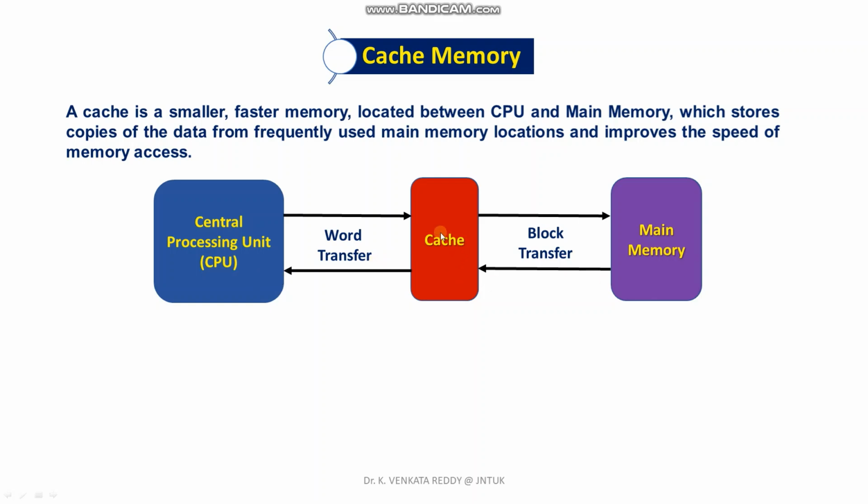The small sized cache memory acts as a personal assistant to the central processing unit and keeps track of the most frequently accessed locations. The cache memory transfers blocks of the most frequently accessed locations from the main memory to the cache memory and supplies this information to the central processing unit at higher speeds whenever the processor requests.